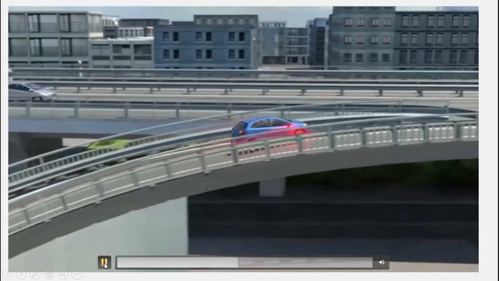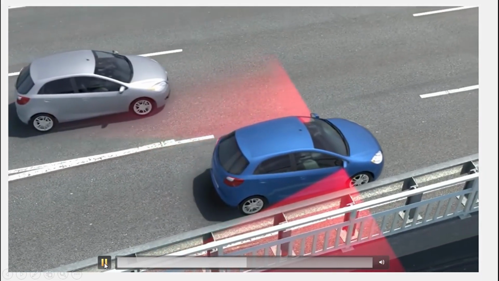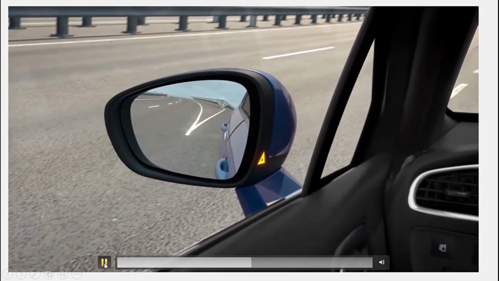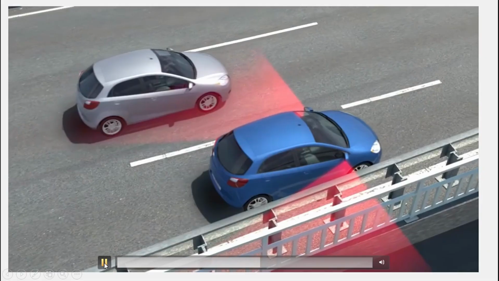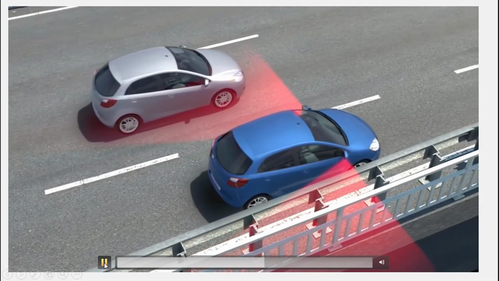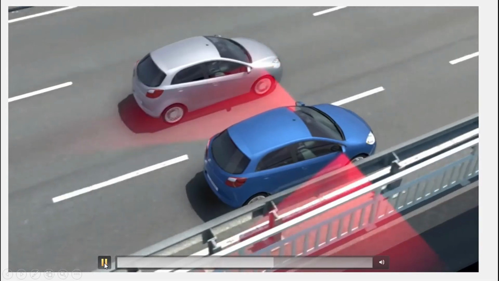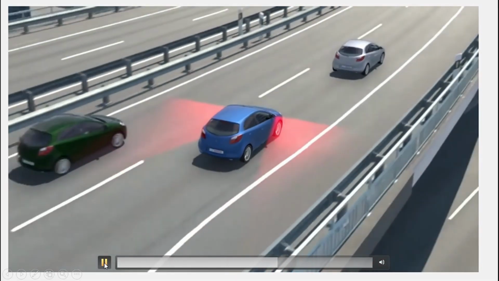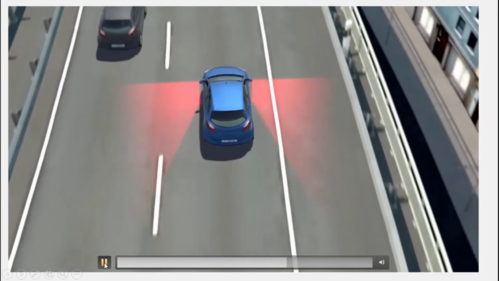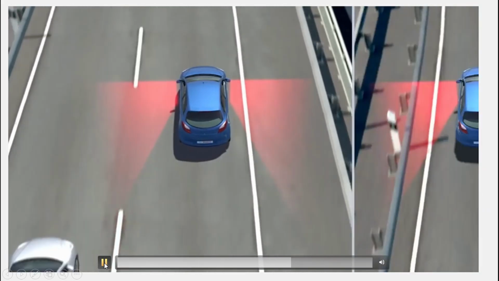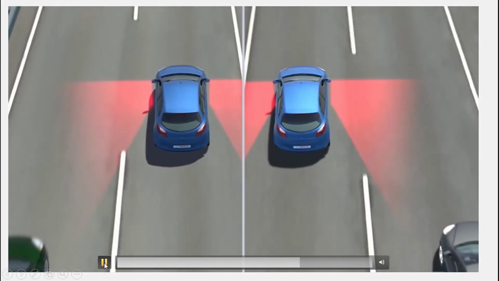As soon as the Side View Assist detects a vehicle moving parallel, an LED warning signal lights up in the side view mirror, gently informing the driver that another vehicle is in close proximity. If in such a situation the driver then signals to indicate a lane change, the blind spot monitoring assistant triggers an audible warning as well. The system informs the driver of vehicles that are overtaking, as well as those already within the blind spot area.